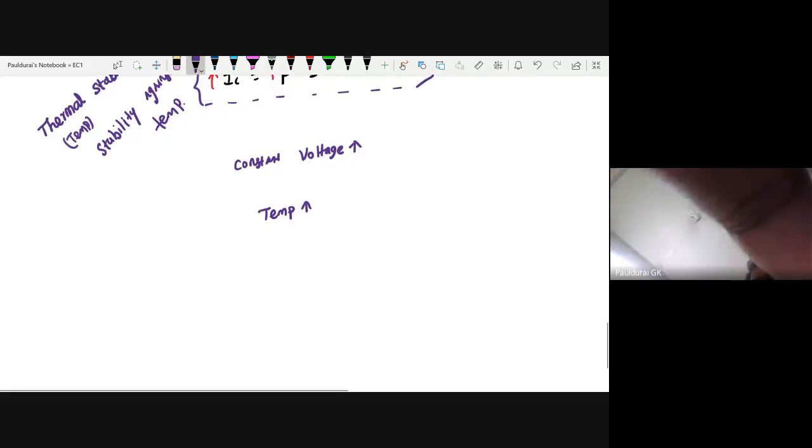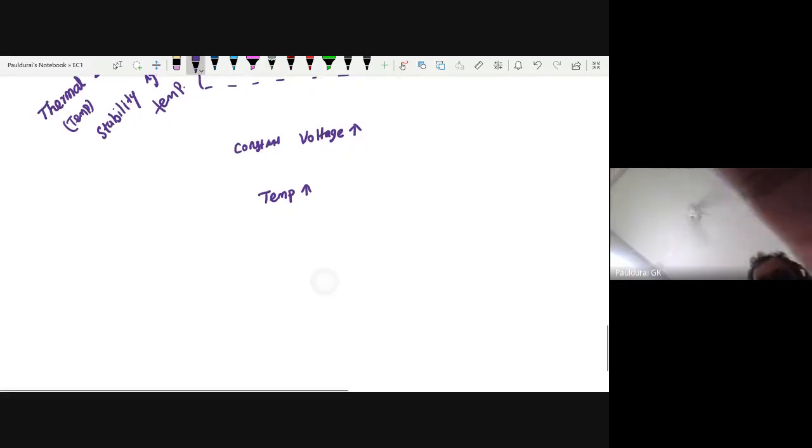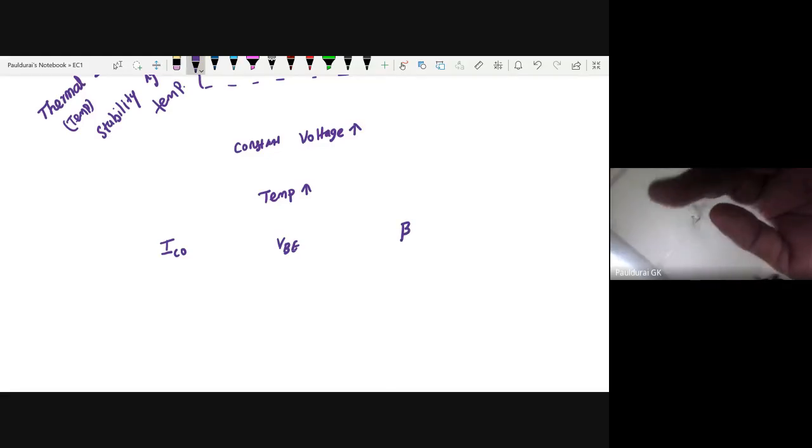Now when temperature increases, three transistor parameters are changing. Who are they? ICO, VBE, and beta. ICO increases, VBE decreases, beta increases.